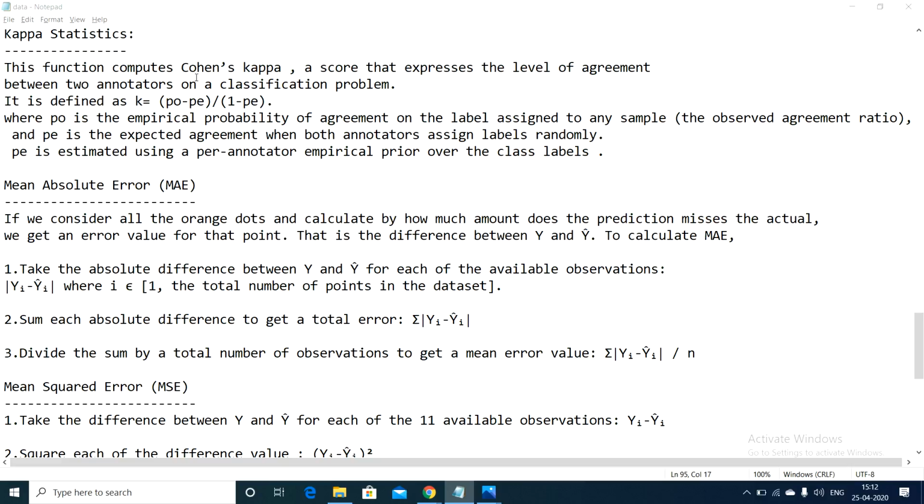Here the formula for this is K equals P naught minus PE divided by 1 minus PE. This kappa statistics is one lengthy topic.